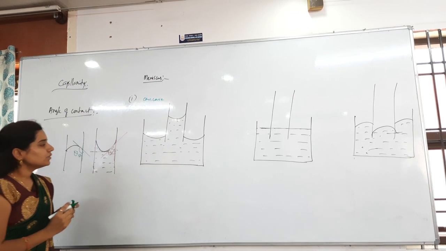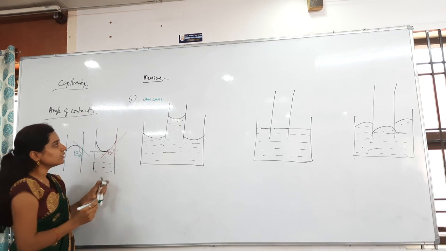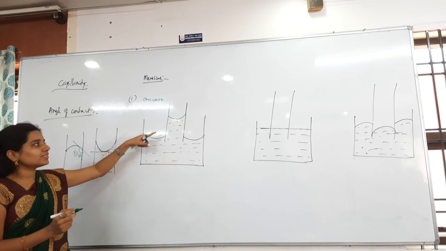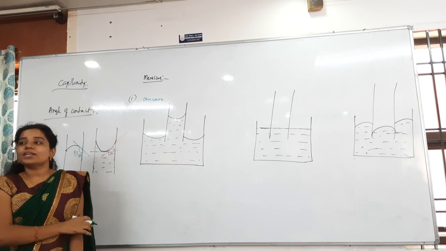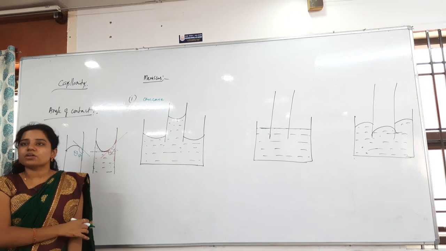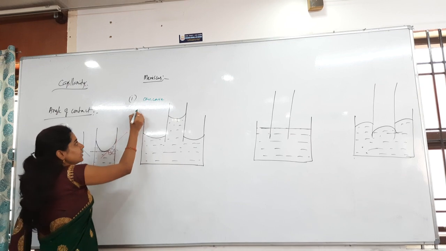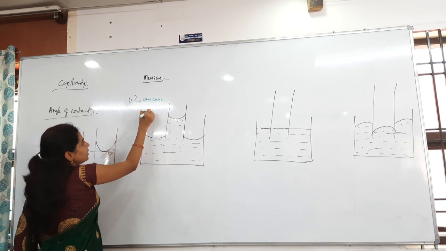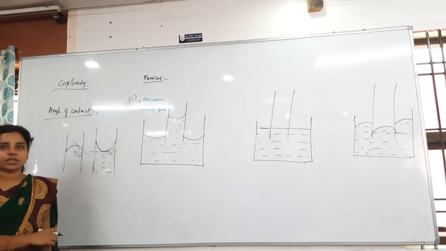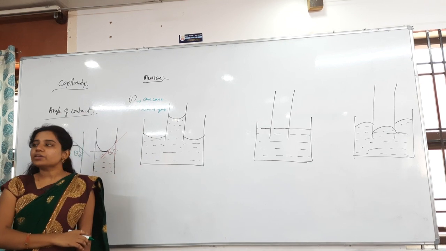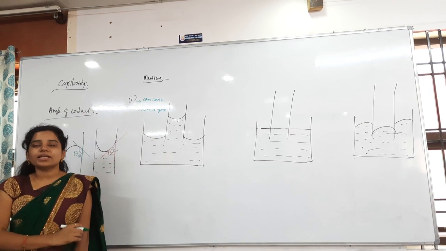Concave meniscus. And what can the example be? When will a concave meniscus come? Water and glass. The example of the concave meniscus is water and glass. Now tell me, where is the angle of contact? How much is it? Acute or obtuse angle? Acute angle. Why? Because it is less than 90 degrees.